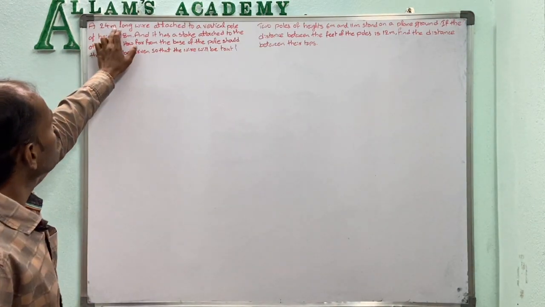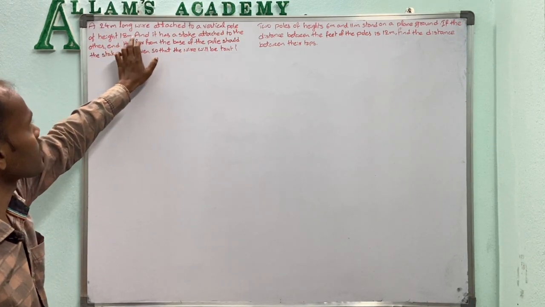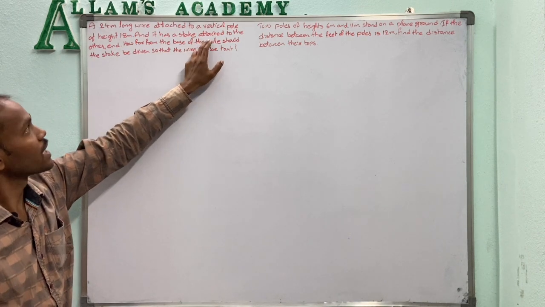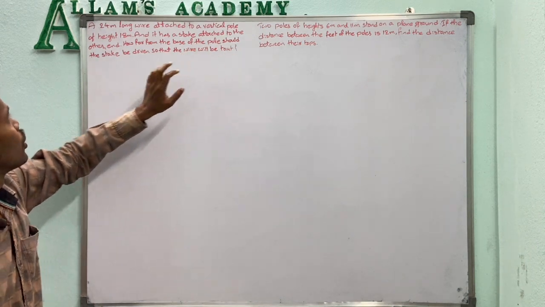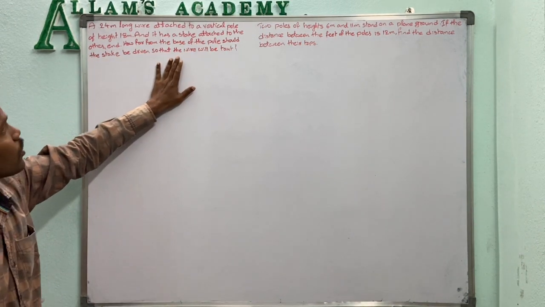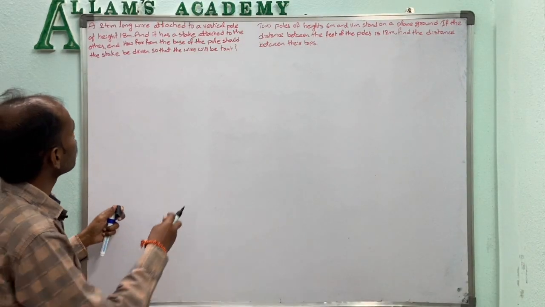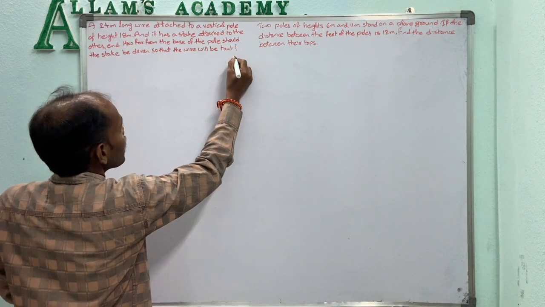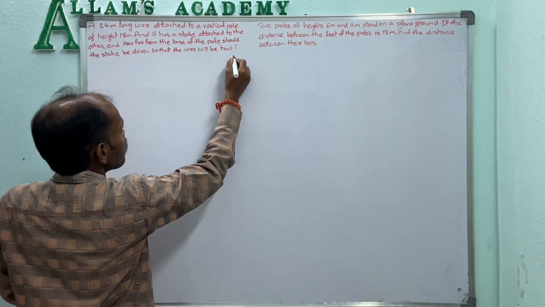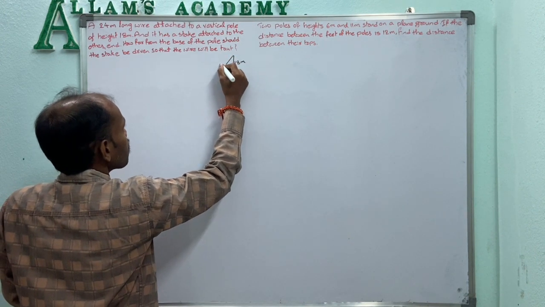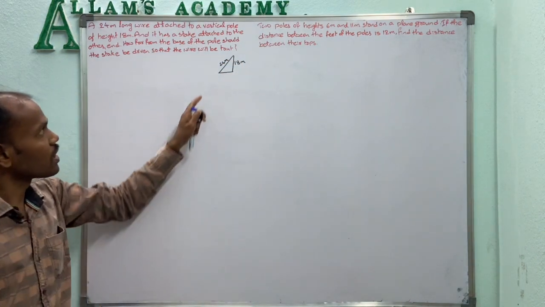A 24 meters long wire is attached to a vertical pole of height 18 meters and it has a stake attached to the other end. How far from the base of the pole should the stake be driven so that the wire will be taut? So a 24 meters long wire is attached to an 18 meters high pole, from the top down to the ground, and now it will be taut.